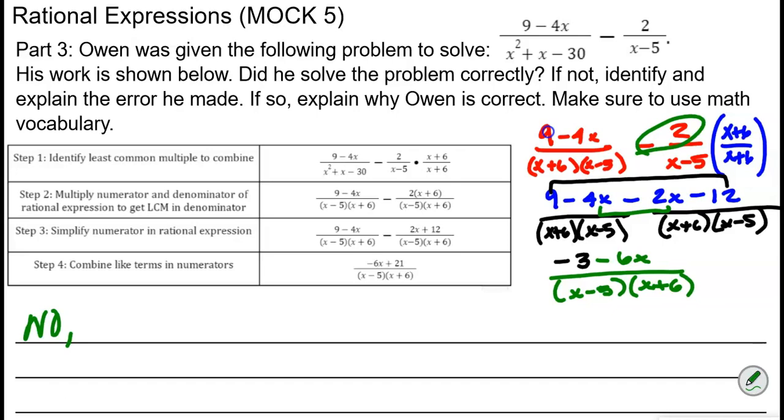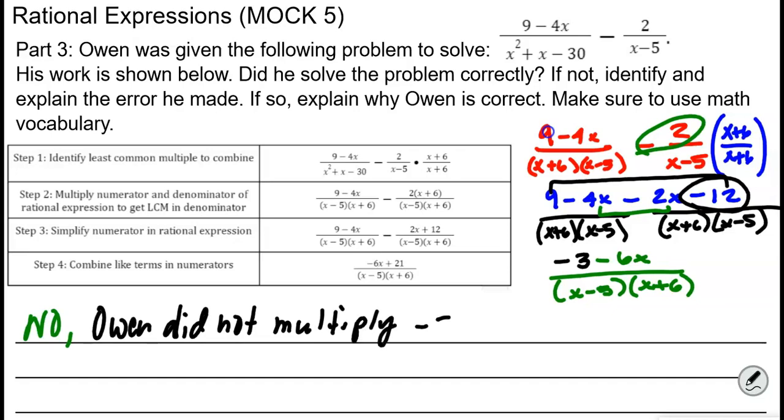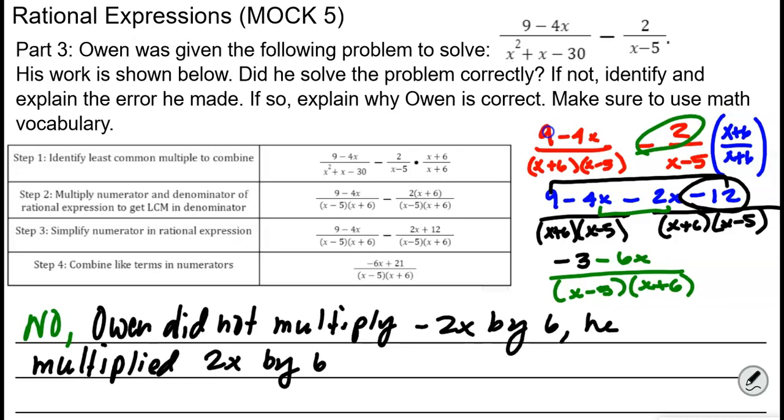So, it looks to me, okay, you guys see this right here? What I see is different is this right here. Y'all see that? So, it looks to me Owen did not multiply negative 2x by 6, he multiplied 2x by 6.